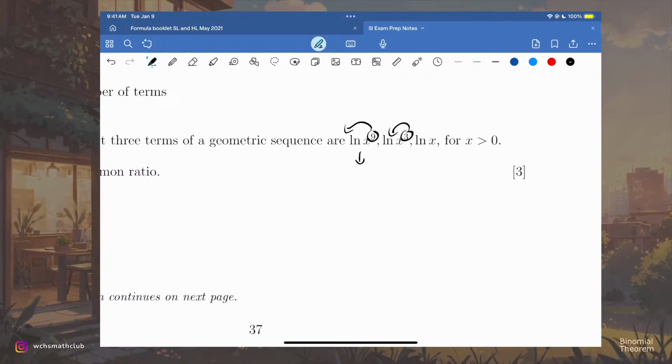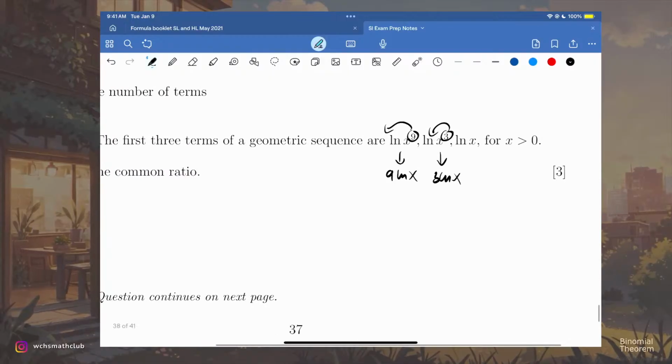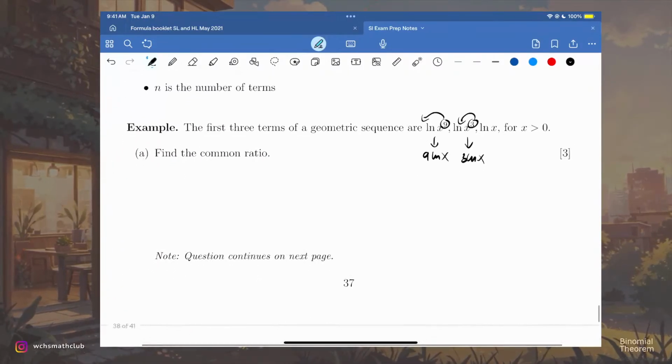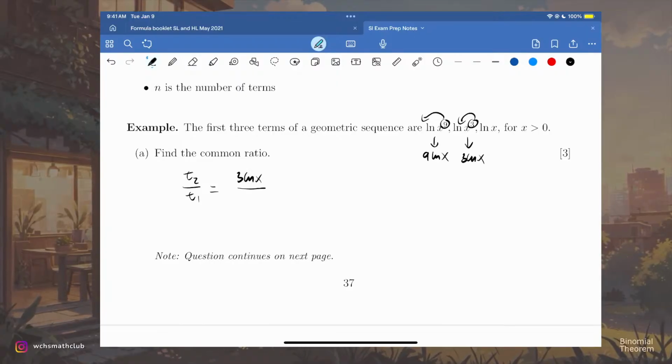So this is equivalent to 9 ln x, and this is equivalent to 3 ln x. This makes the question a lot easier because we can find the common ratio r very easily this way. Part A, find the common ratio. Basically, we can do T2 divided by T1 equals 3 ln x divided by 9 ln x, which equals 1 over 3.